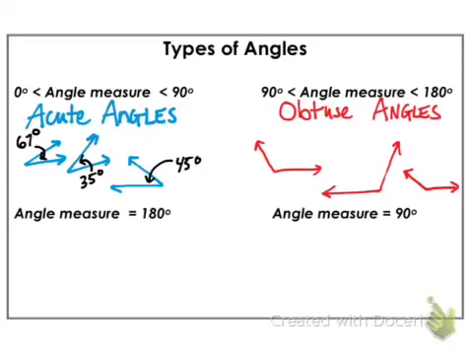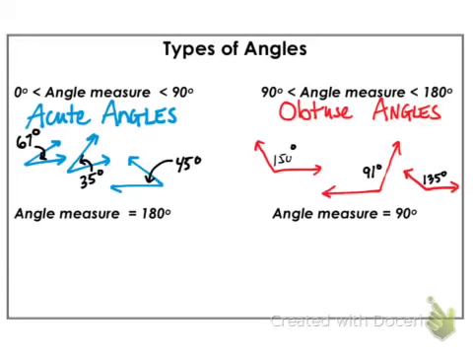Let's go with 150. Let's delete that. So it could be 150 degrees, this could be 91 degrees, or 135 degrees. Those are all measurements that are between 90 and 180. Sorry, I don't know why they put 200 there.